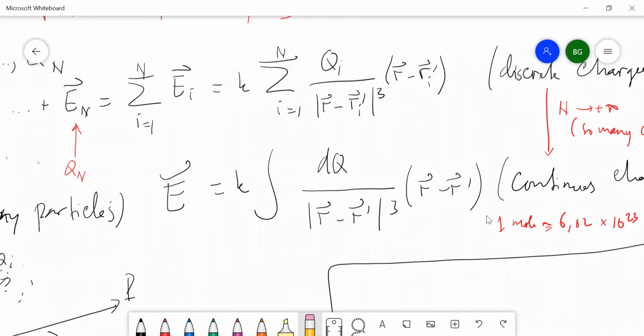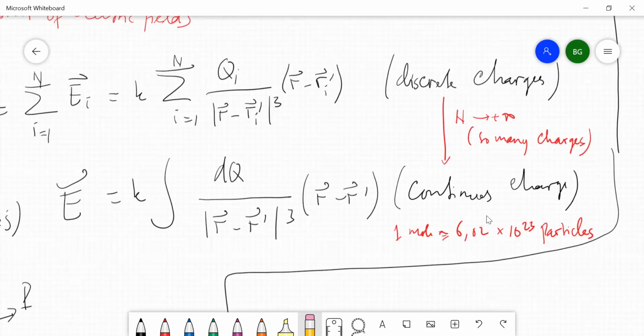Jadi kalau jumlah partikel sangat-sangat besar, maka benda-benda seperti bola, meja, silinder, atau yang lain yang Anda lihat, itu sebenarnya bisa kita aproksimasi dengan aproksimasi benda kontinu. Jadi benda kontinu itu adalah aproksimasi. Jadi dari sigma itu menjadi integral ketika N-nya menuju tak hingga.